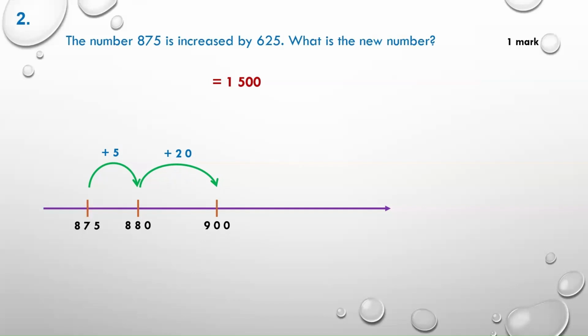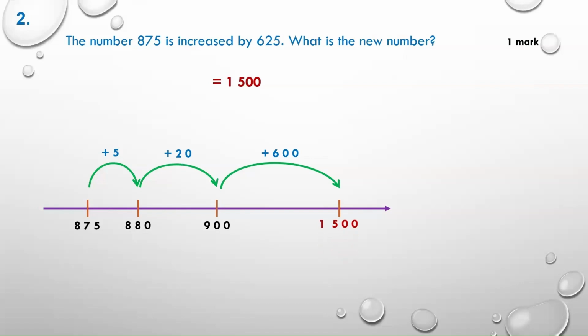So the only thing we're left to increase by is 600. And that would cover everything. So if we have 900 and we want to add 600 to it, so 9 and 6. So we have 9 and we could count on 10, 11, 12, 13, 14, 15. So we have 1500, which was said above.